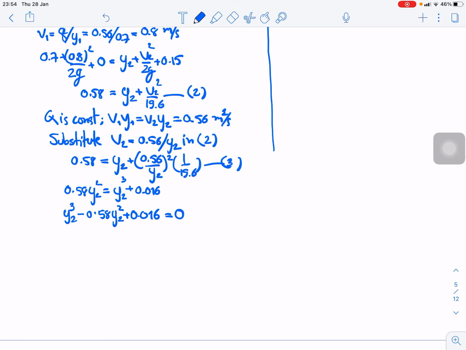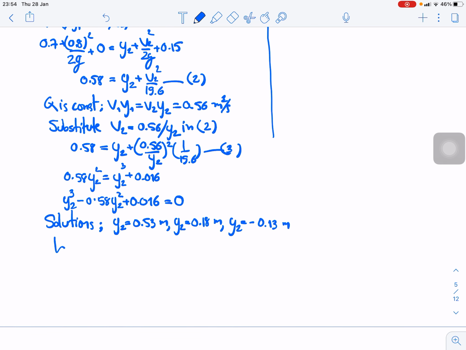So we can solve this to get 3 solutions. And the third solution is a negative number.